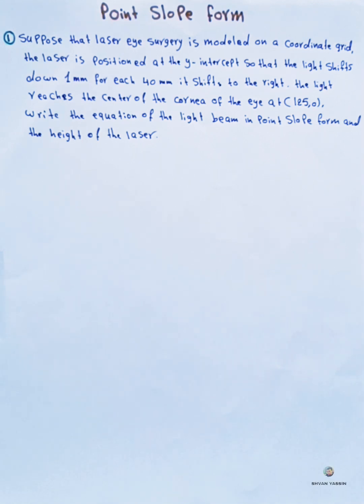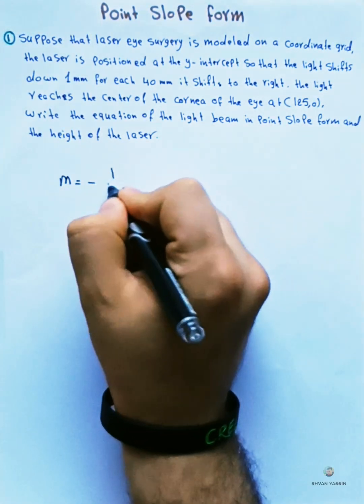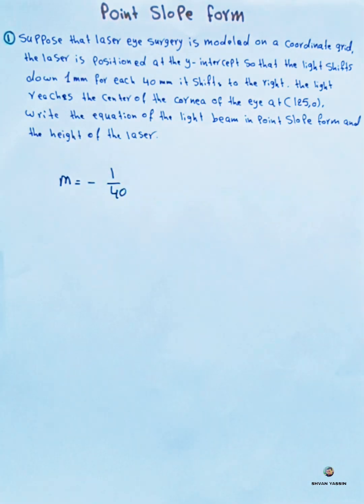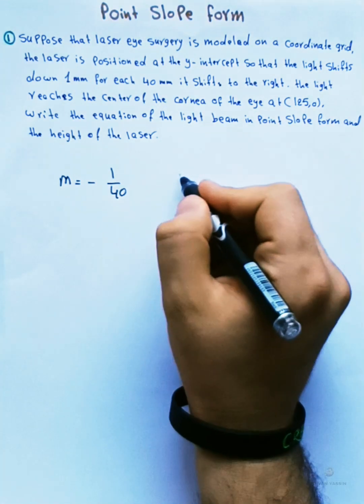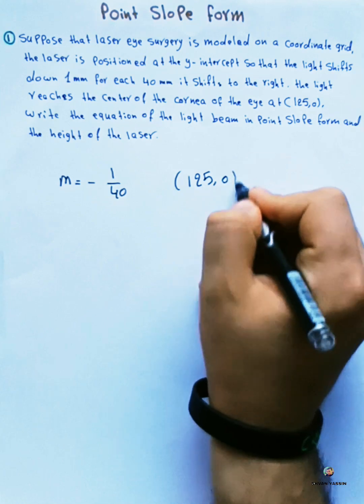So as x increased by 40, y decreased by 1, so the slope of the line is -1 over 40. So the slope is -1 over 40, and then the line must pass through the point 125 and 0.